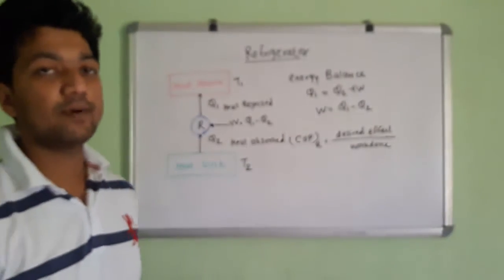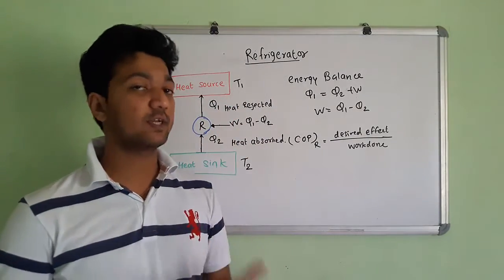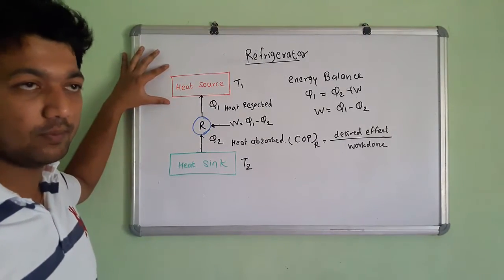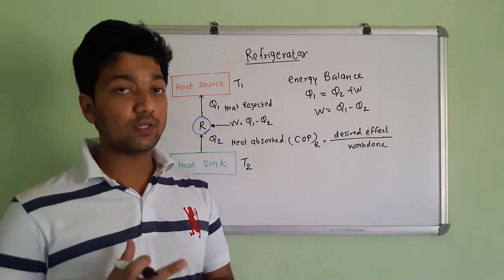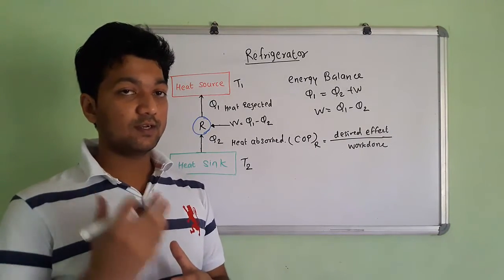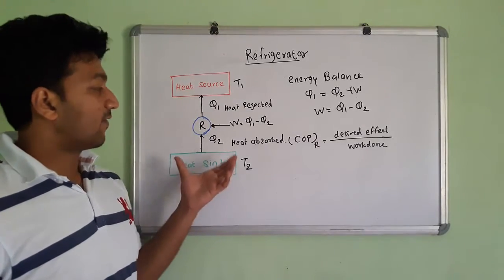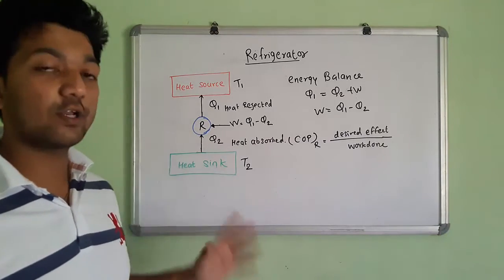In the heat pump, the desired effect is the heating, when the heat pump is used for heating, so the desired effect produced is at the heat source, that is Q1. Now in the refrigerator our main focus is on the cooling, so that's why cooling is the desired effect. So here we take the desired effect as Q2 or T2.